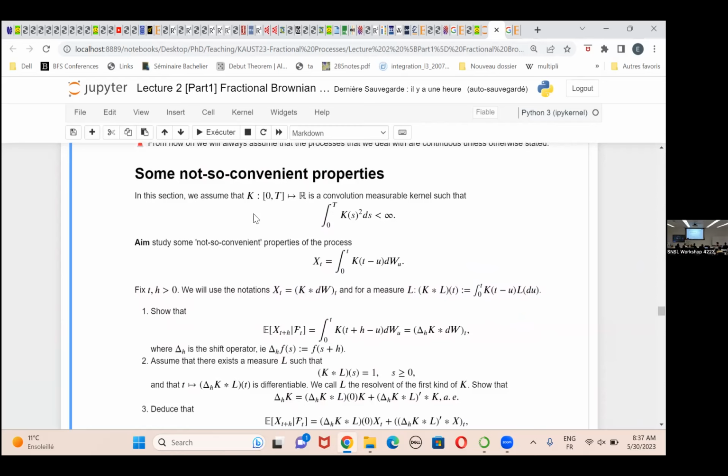Let us fix a convolution kernel. To simplify things, we take G0 equals 0, just to look at the properties of this stochastic convolution. Of course, K needs to be in L2 for this to be well-defined. Now we'll study some not so convenient properties of this object.